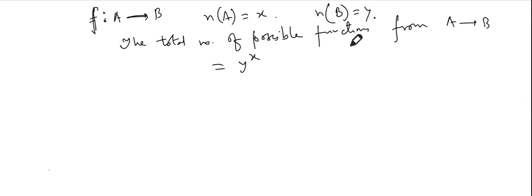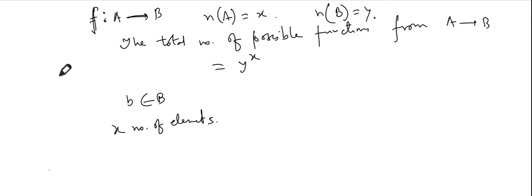So what happens here? Suppose B is an element in the right hand set. Then how many elements are there which can correspond to B in this function? There is a possibility of x number of elements. Why?